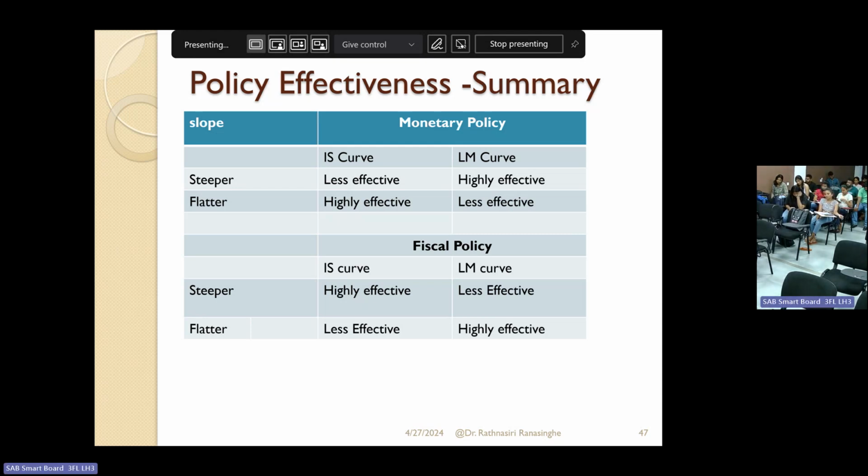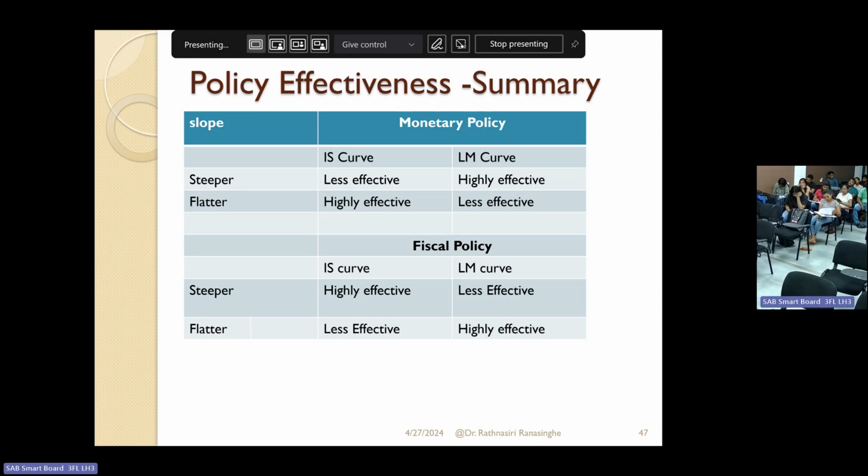This one is a little bit difficult, because for monetary policy we have to look at the distance. If you draw it to a clear scale, you can see clearly that this one is more effective.